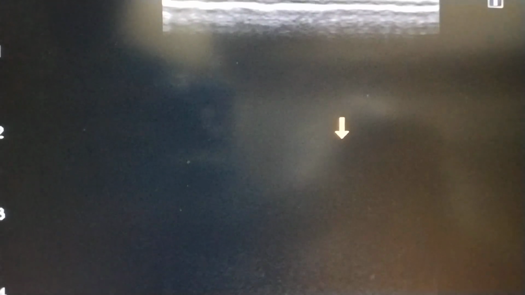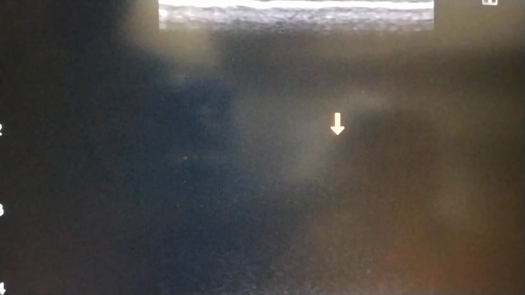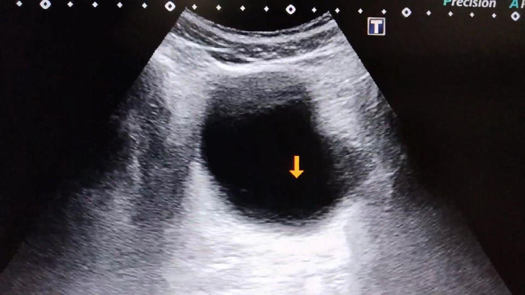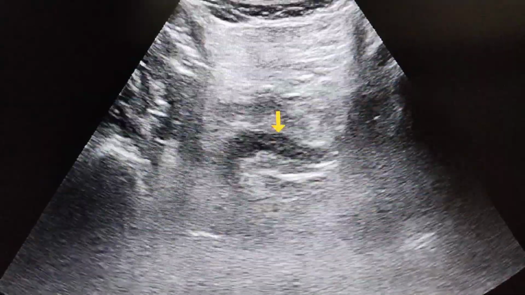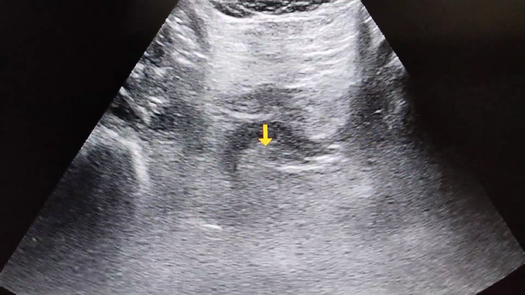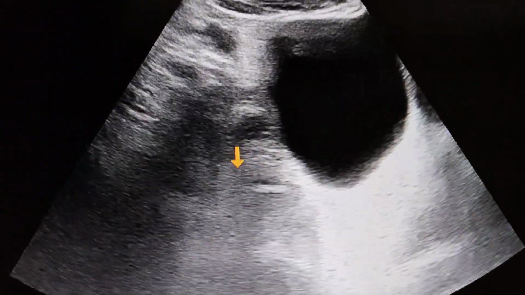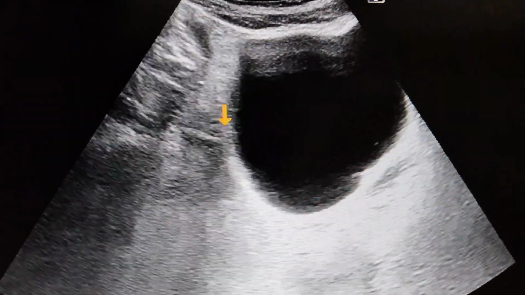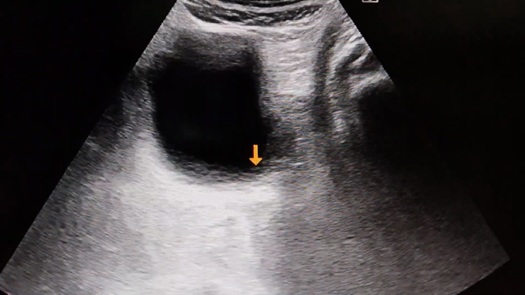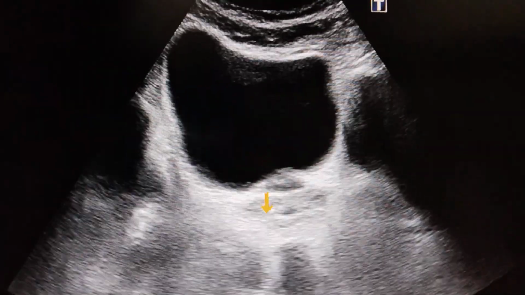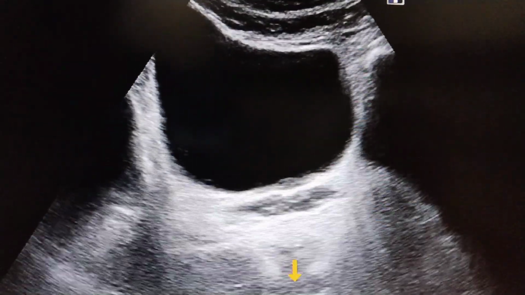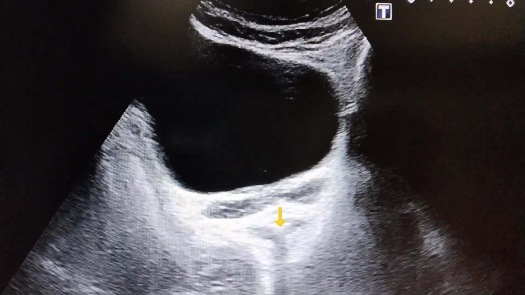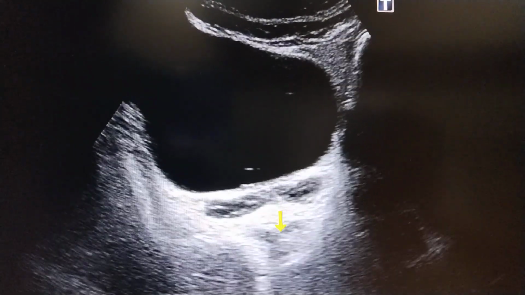So now I am going to check the rectum. What is the position of the rectum? This segment is the sigmoid colon, and this is the sigmoid colon, this one, and this is the rectum, this one.